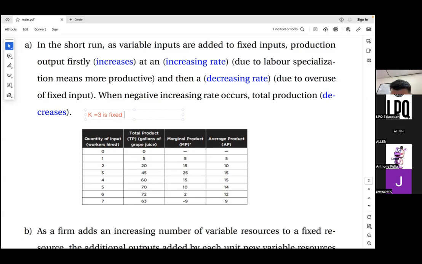So for my coffee shop, if I say K equals 3 is fixed, that means, for example, I only have 3 coffee makers. These 3 coffee makers are fixed.